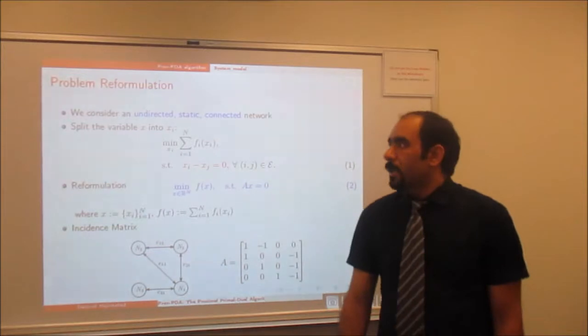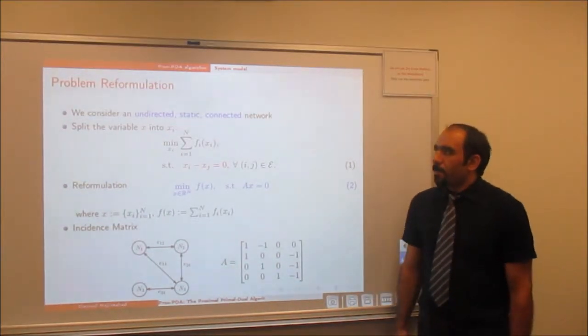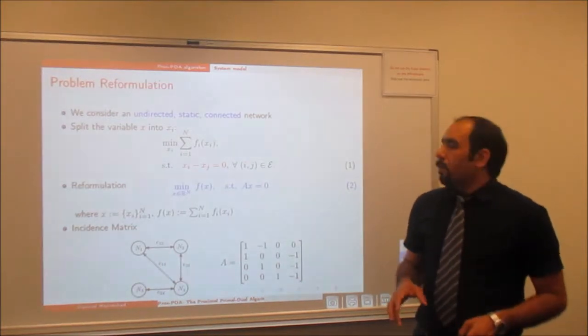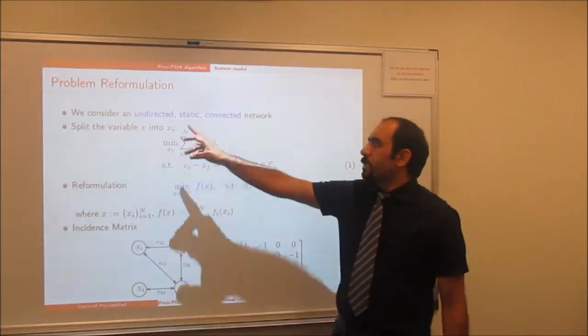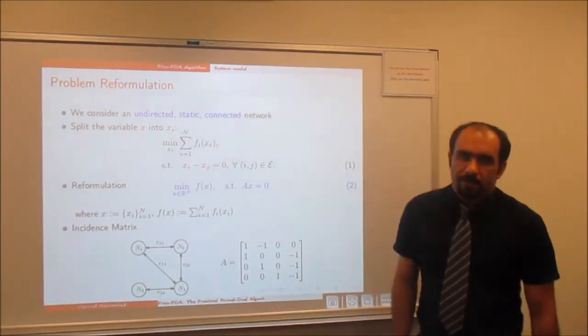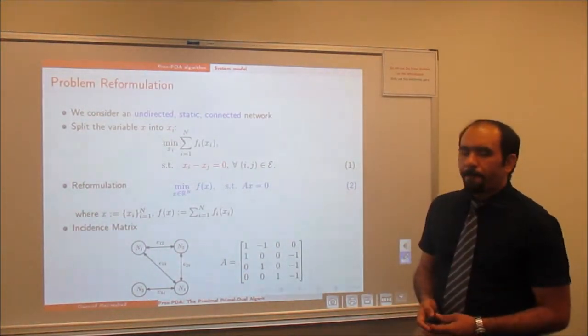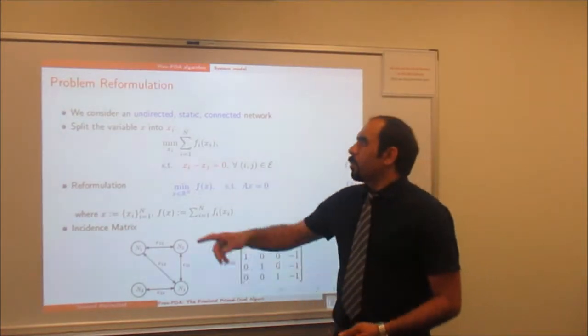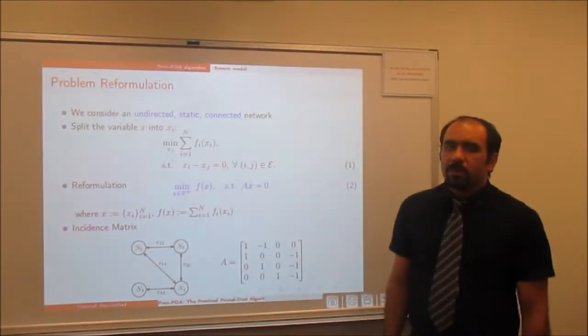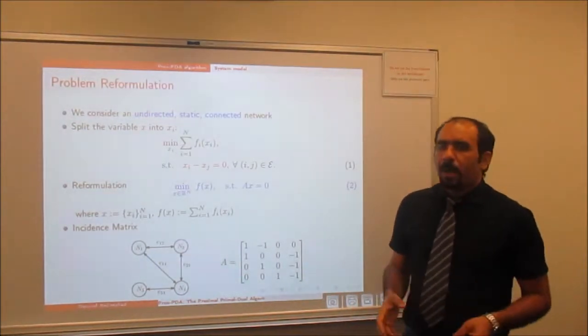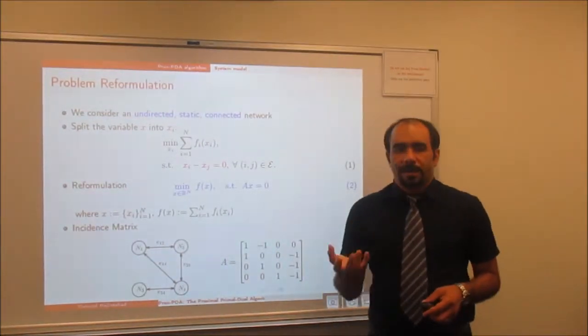Okay, so let's reformulate the problem first. The network that we have considered in our research is an undirected, static, and connected network. For this problem, we split the global variable x into local copies x_i. In the original problem, we have summation of f_i of x.